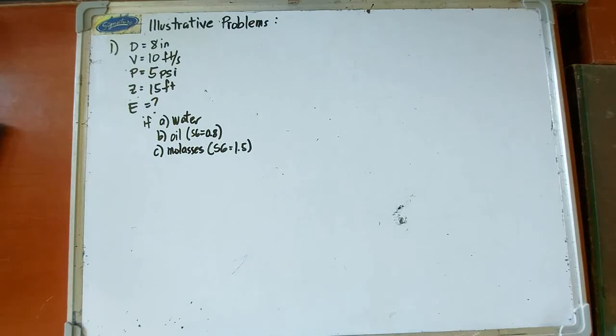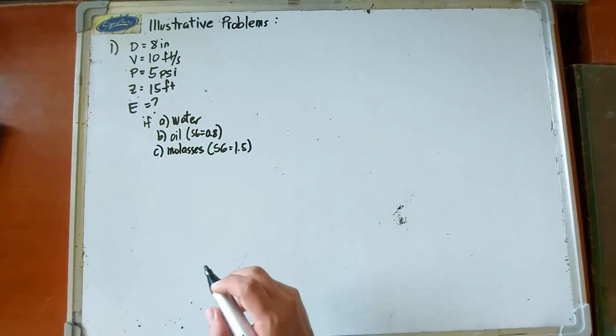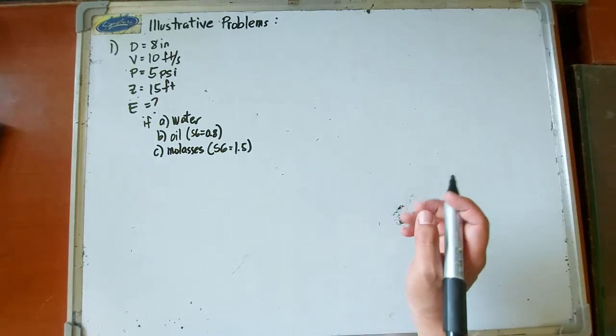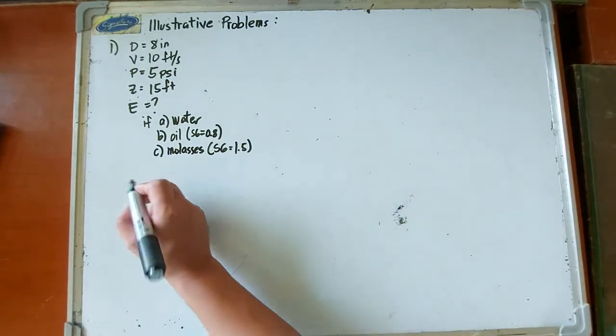So we are to solve the total head or total energy at that particular point in the pipe. The total energy is just the sum of the kinetic energy, the pressure energy, and the elevation energy. Okay, so let's solve letter A.